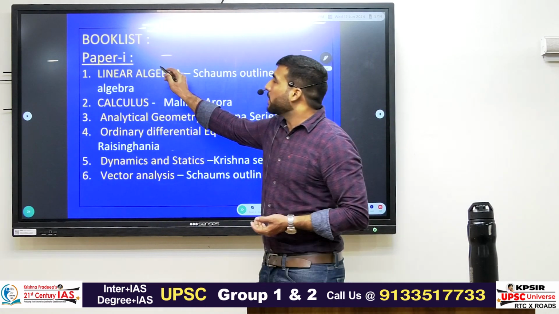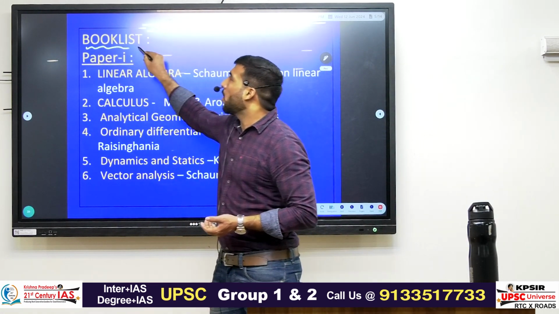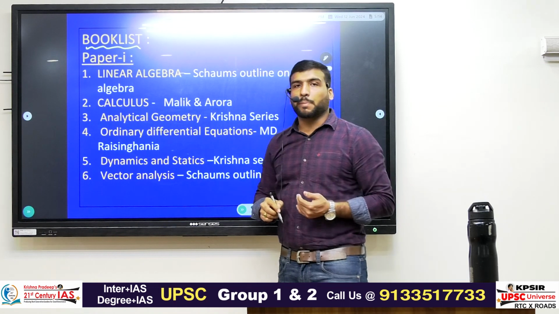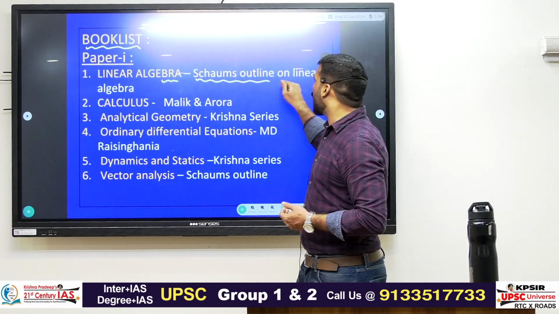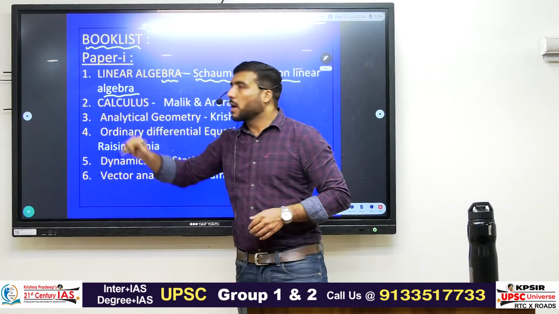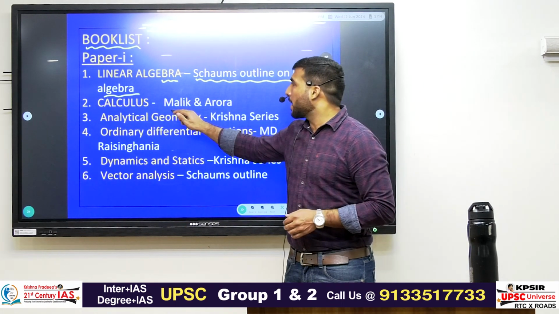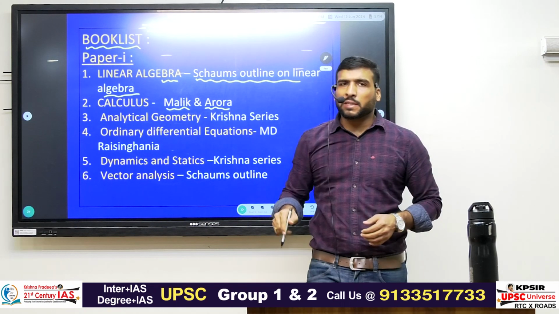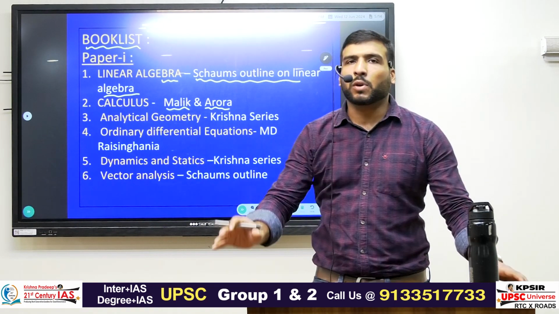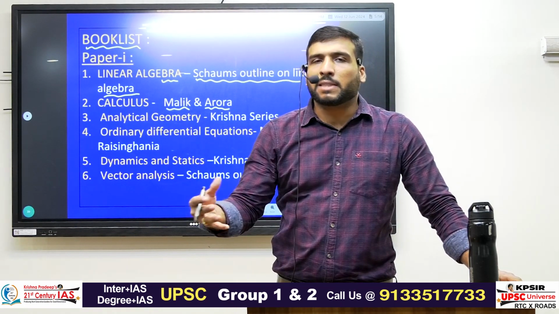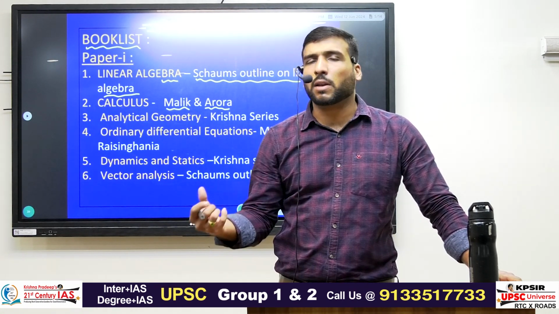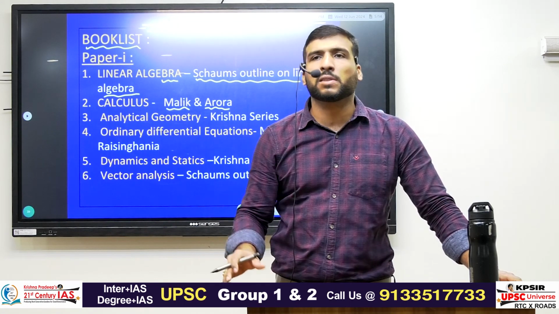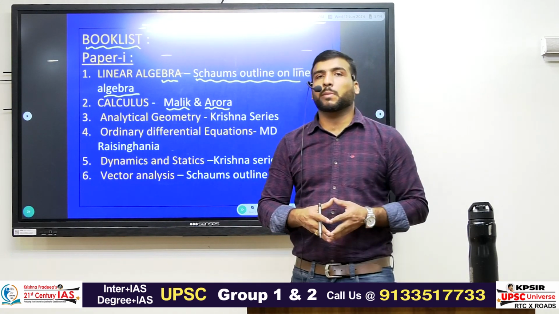Next, what is the book list for the optional related to chapters? For linear algebra, you can choose Schaum's outline on linear algebra, and for calculus, Malik or Arora book. Basically, for the book list for each chapter individually, you have to choose after mostly our Krishna Pradeep IAS class notes, which are enough to complete your entire syllabus.